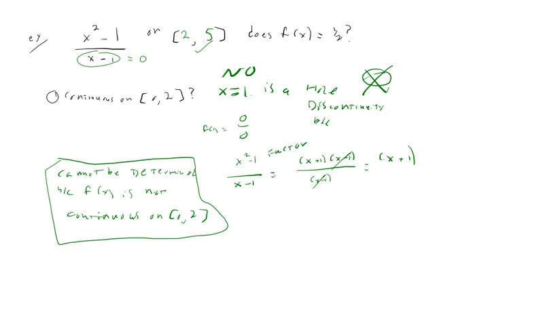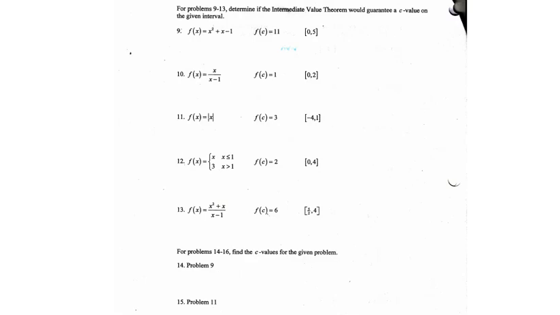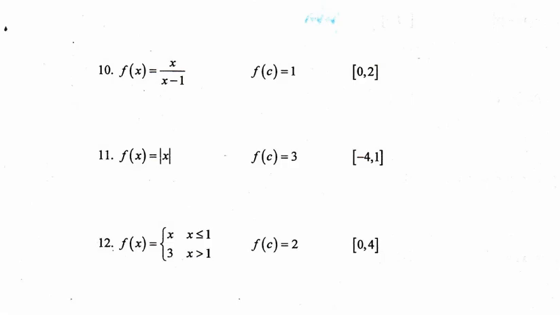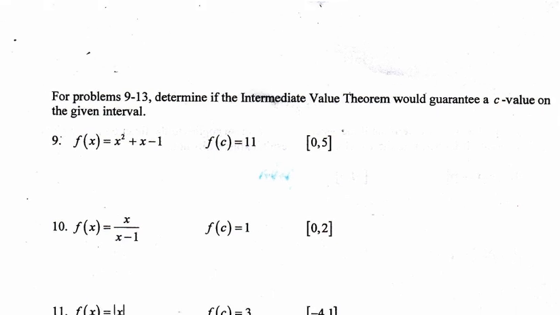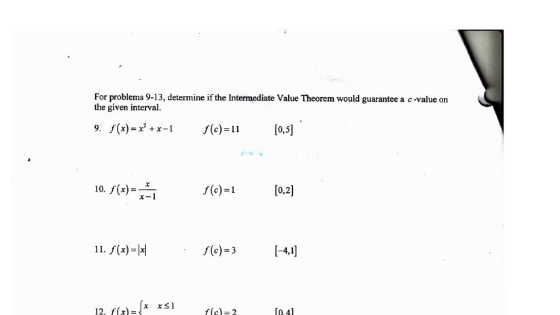So here's what I want you to do, everybody. Take some time. I'd like you to try these questions. Try question number 9 right now on a piece of paper in your notes. For problems 9 to 13, determine if the intermediate value theorem would guarantee a c value on the given interval.